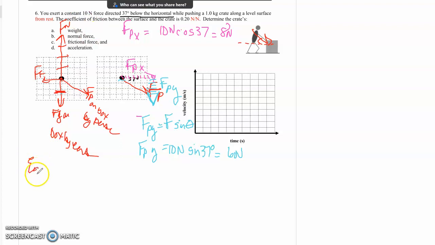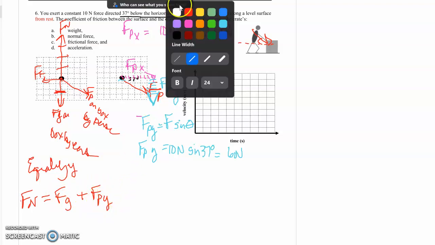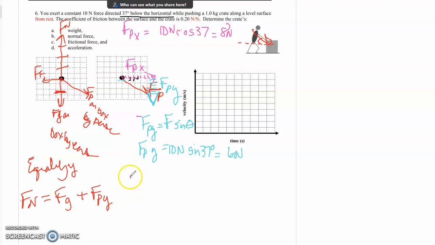And if I do an equality statement in the Y, the force normal has to support both the FG and the F push Y. Okay, if I do an equality in the x direction, then let's see what's happening now.